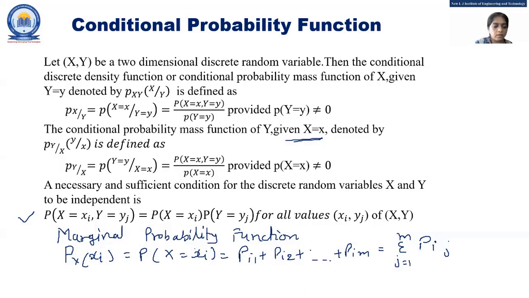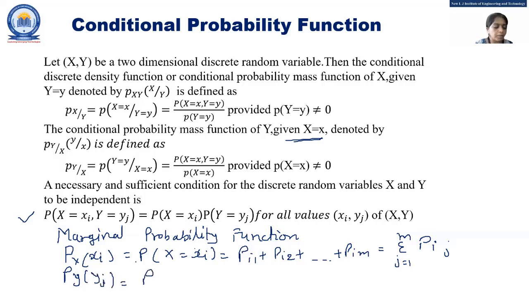Similarly, we may write the discrete marginal probability function of y. It is p of y, that is yj.